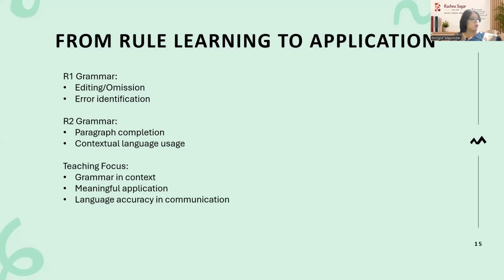Now coming to R2 grammar, it's completing a paragraph and contextual language use, right? For example, students may complete a dialogue, an email, a notice, a short paragraph using suitable grammar structure, right? And you can give some easy examples and then you can move to a difficult level so that they are able to complete the given task.